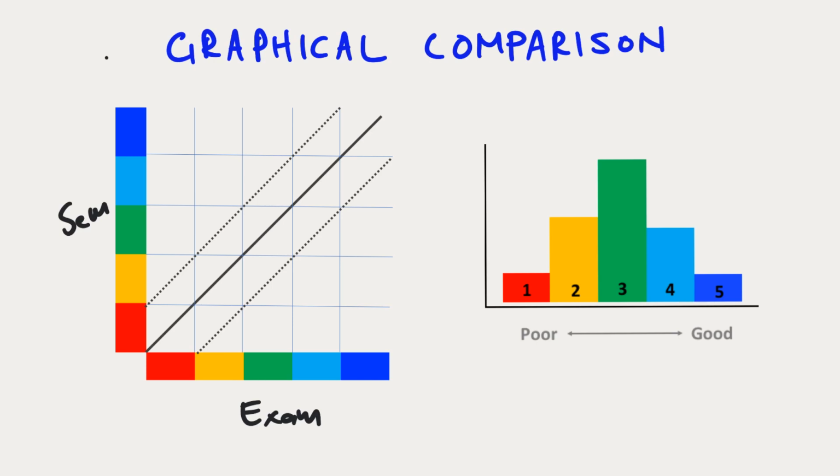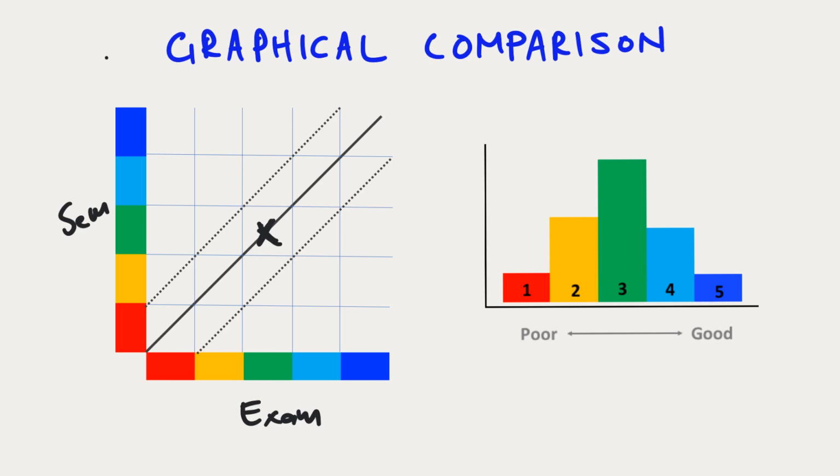So if you were a green student and you get exactly the same two marks, you will lie exactly on this middle line over here, where the marks are exactly the same. You don't have to be exactly the same.